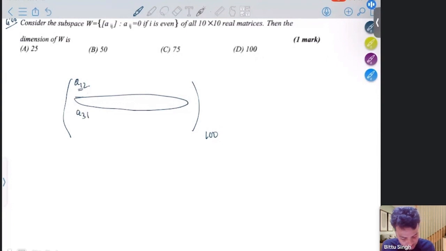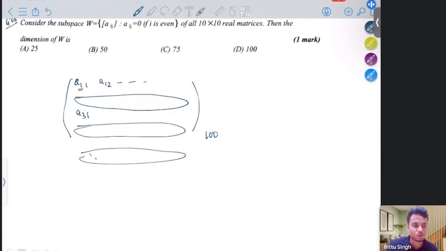This is A1 1, A1 2, and even rows are 0. So we only need to consider the odd rows, and each odd row contains 10 entries, so 5 rows times 10 is 50 entries, and all 50 entries are linearly independent because there are no other relations. So clearly the dimension of this space is 50.